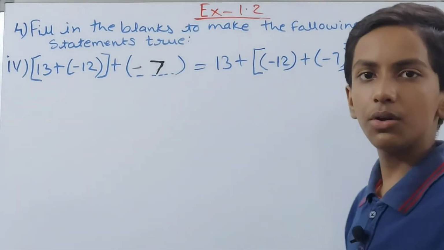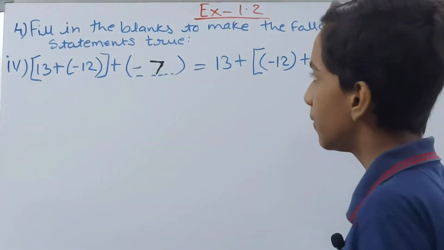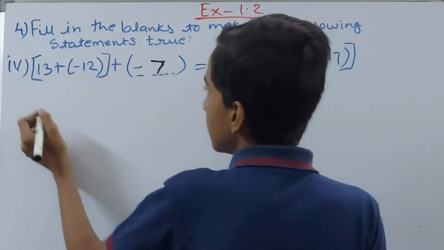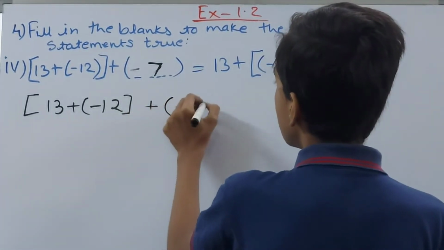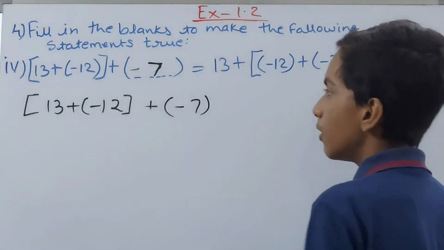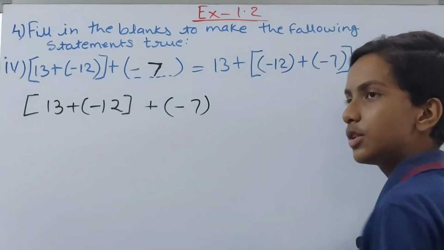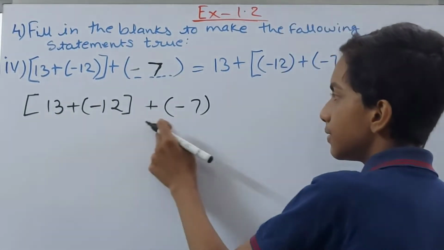You can even start to solve this if you want to, it is up to you. So let us start solving this first. Plus minus 7 in this bracket, so this gets solved. First we solve the one inside this bracket, right, and this one also, right?